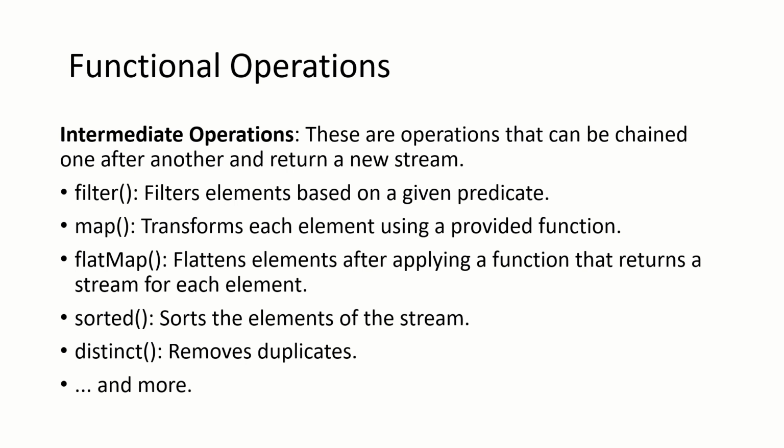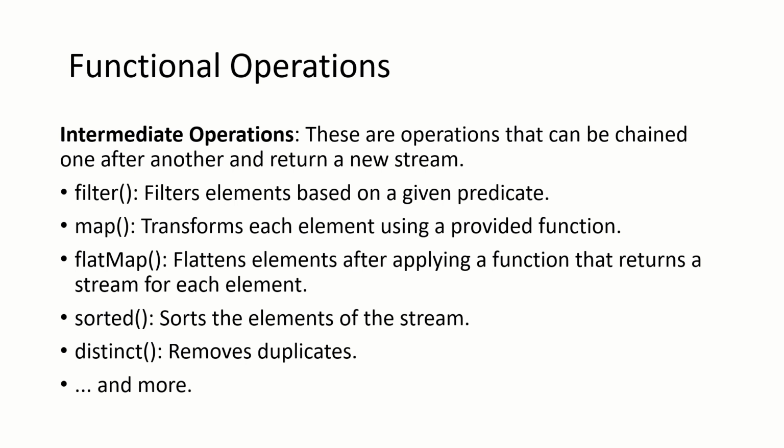Now you want to work on that stream and produce a stream itself, not a list or something else. Those operations that work on the stream and again produce a stream, where the input and output of the function is a stream, are called intermediate operations.